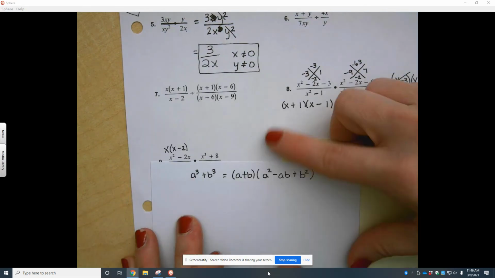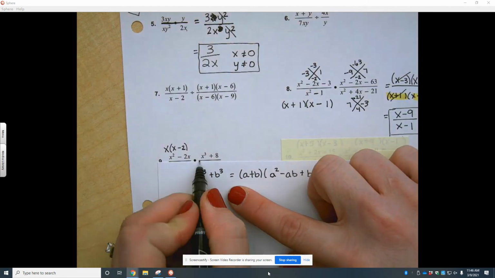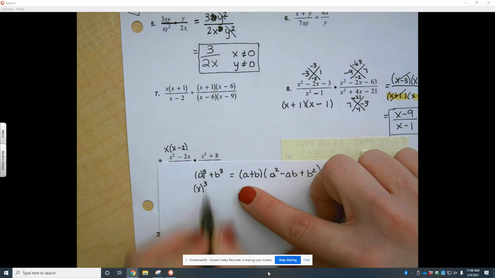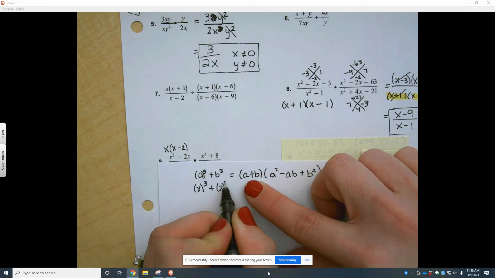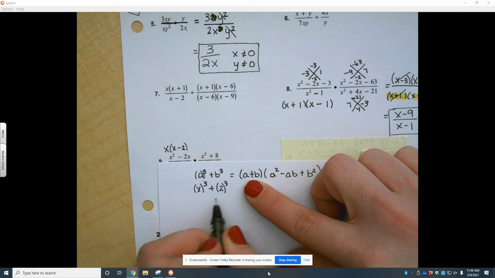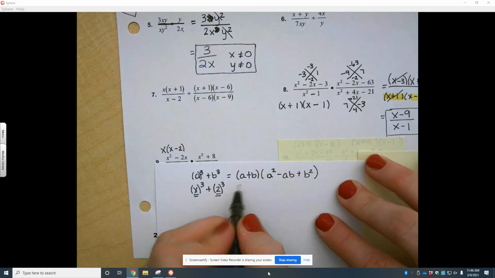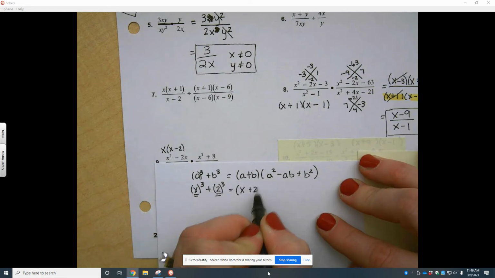This has to be written to the 3rd power. So x to the 3rd power, which means x is my a value, and then plus 2 to the 3rd would be my 8. So 2 is going to be my b value, and I'm just going to follow through with this. So a was x, so x plus 2.